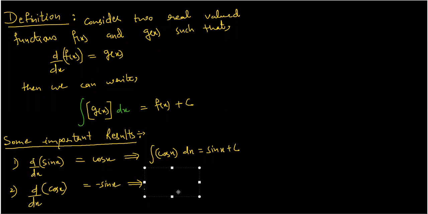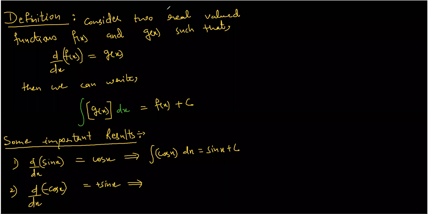So for that, what I do is, I write derivative of minus cos x. So if I differentiate minus cos x, what will happen? This minus will be -1, it will be out, and derivative of cos x is minus sin x. So here you will get plus. I hope this is clear.